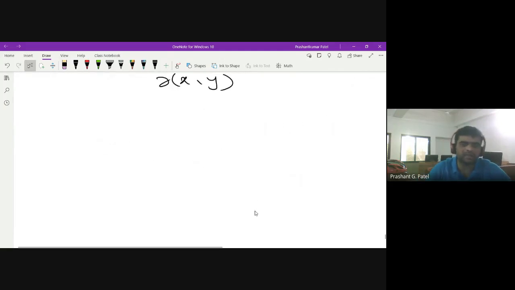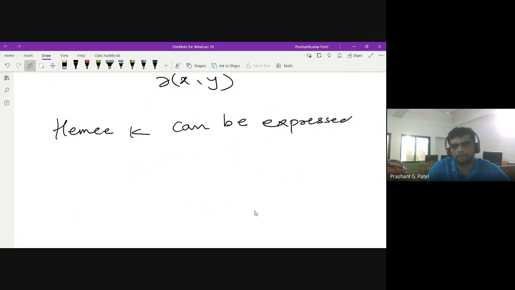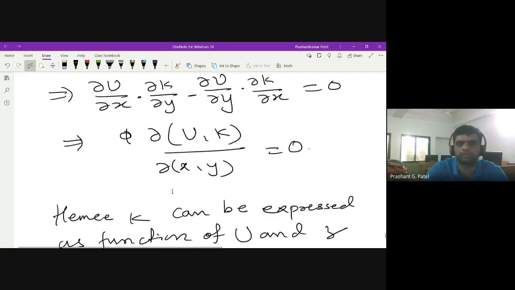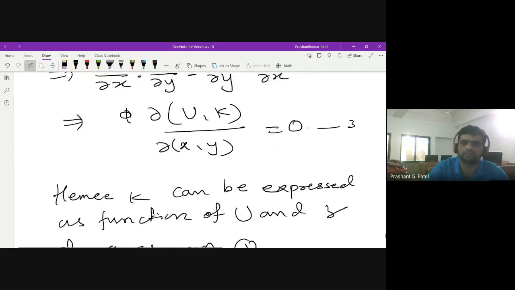So hence k can be expressed as a function of u and z alone, as equation 1 suggests. Not 1, whatever the number we have, I think the number is 3. This is my equation number 3.